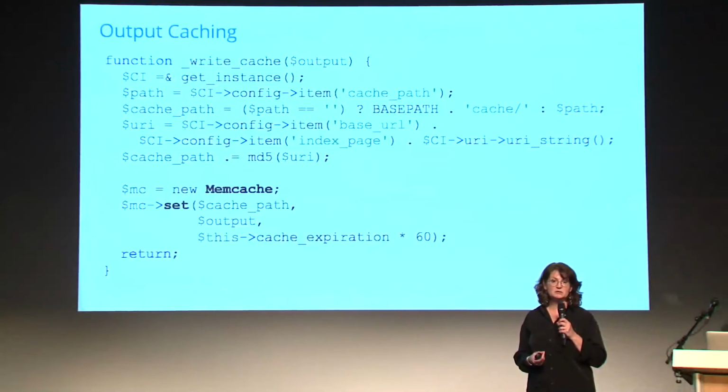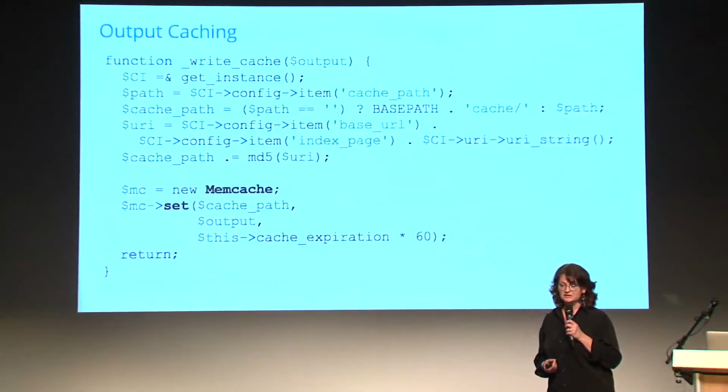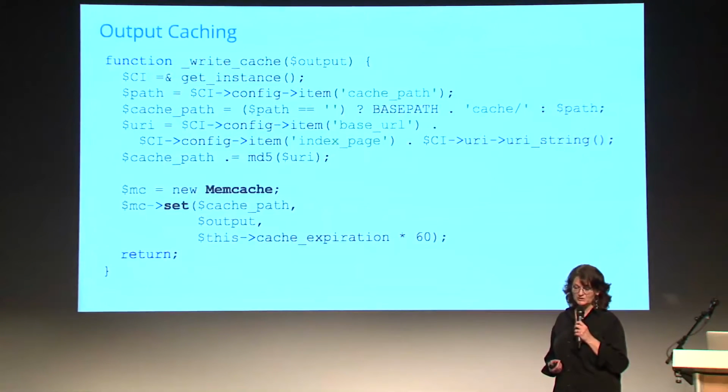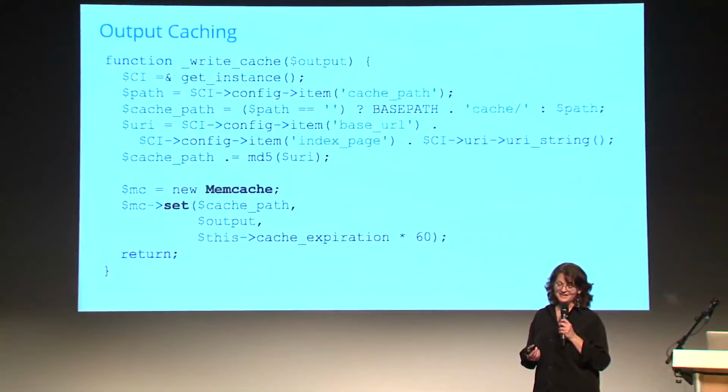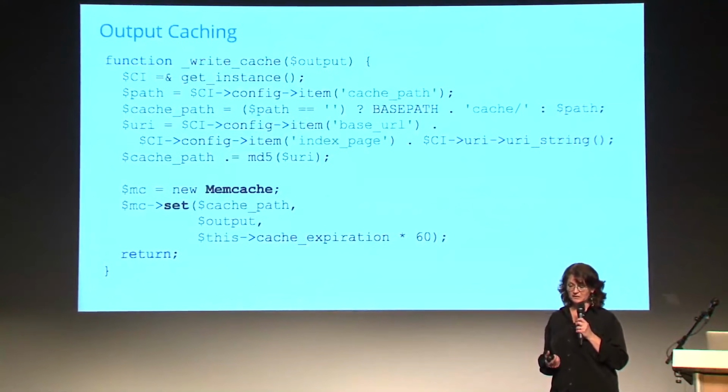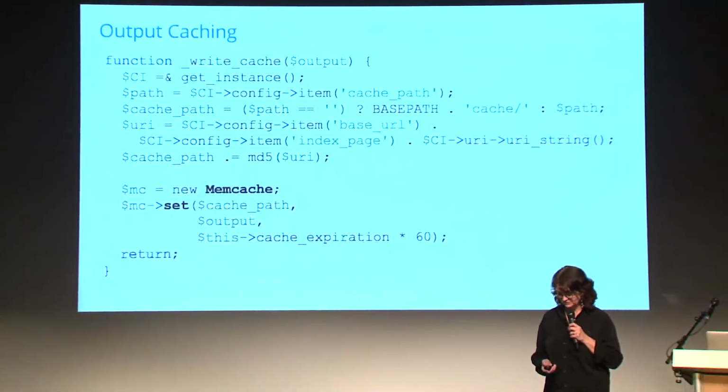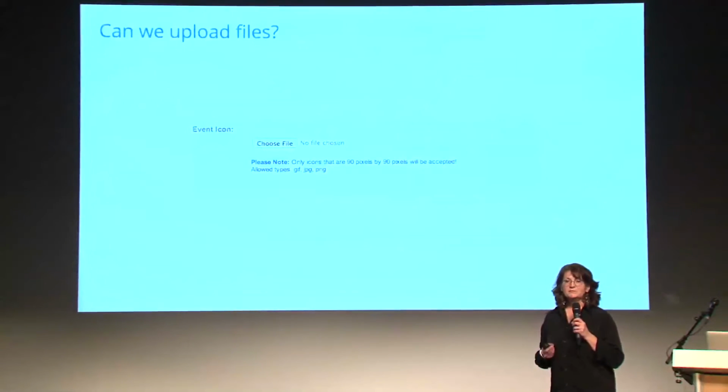There's nothing you need to do at all to configure it. And here's an example of how you do it. Here we're using the cache path that we're generating as the key, and we're setting the expiration to be 60 seconds. And this is all you need to do to use Memcache. Okay, so got caching under control now.